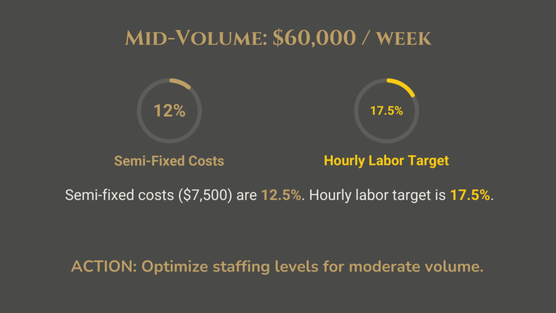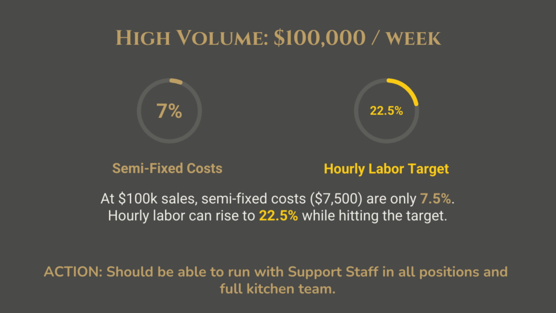At a high sales volume of $100,000 per week, labor becomes much more flexible and operationally healthy. The semi-fixed costs of $7,500 now only represent about 7.5% of sales, which allows hourly labor to increase to roughly 22.5% while still staying within the overall 30% labor target.